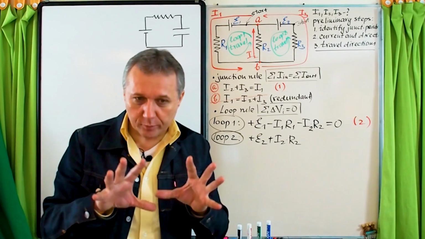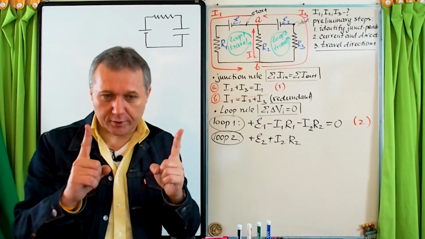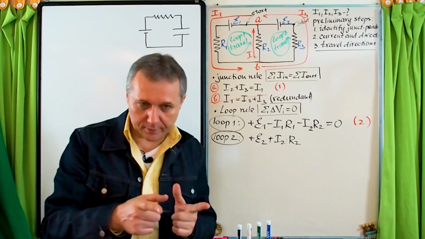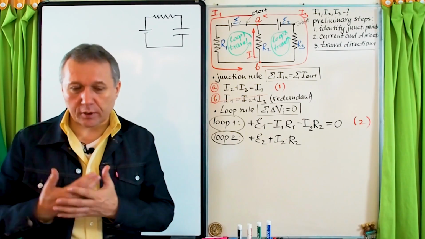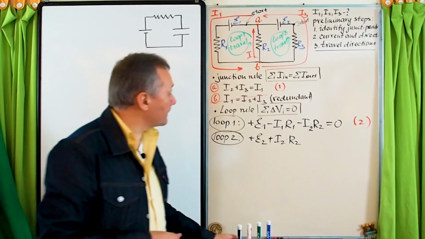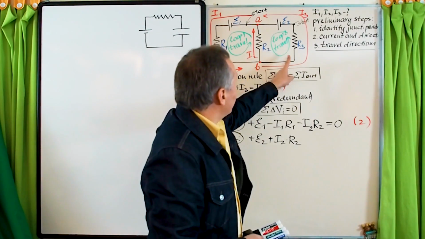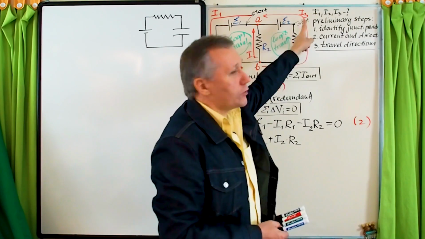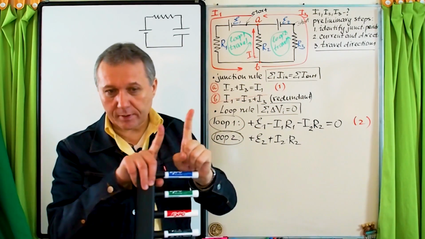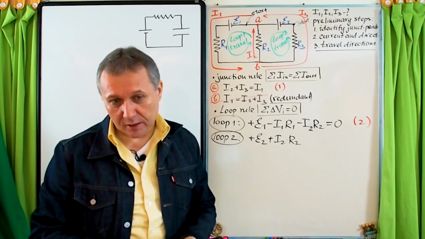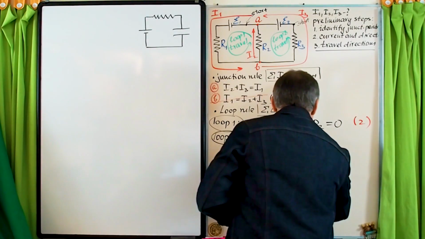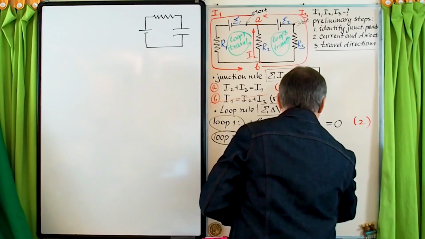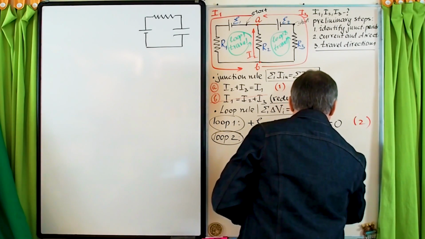But when you deal with a resistor, both directions are important, travel and current. Sometimes in the past, students were confused about this. Now, travel is up, current also up, directions are the same, so the contribution must be negative. Rule number 3. So it will be minus current I3, resistor R3.